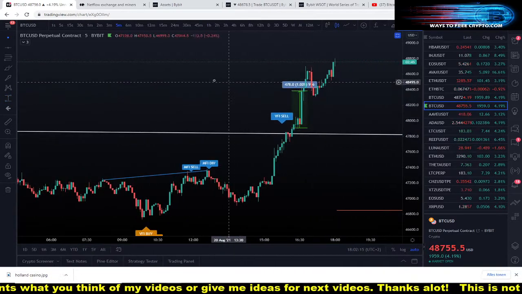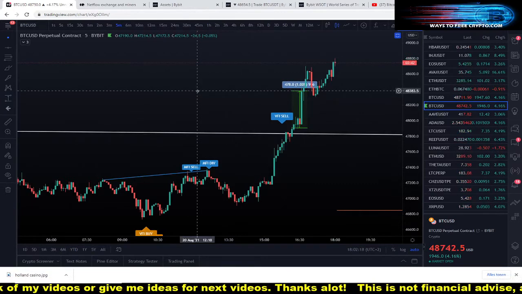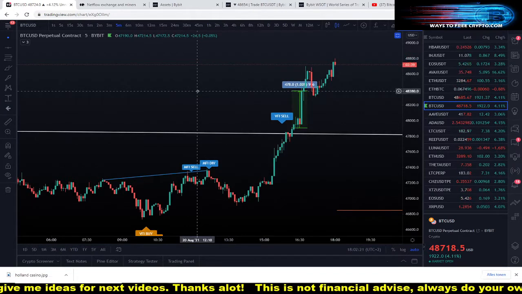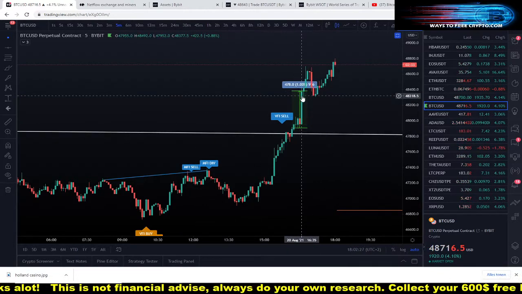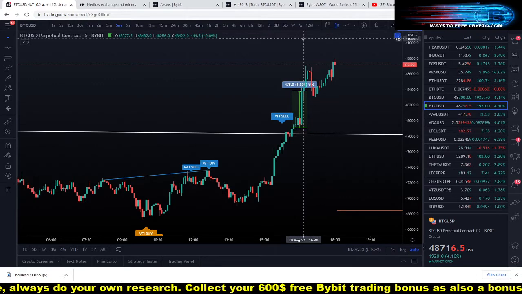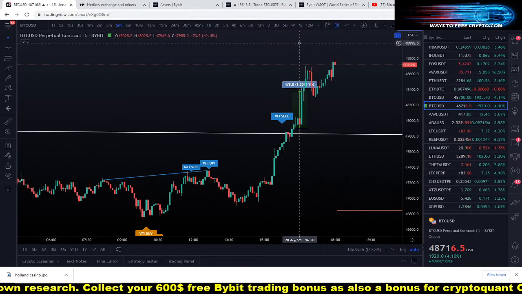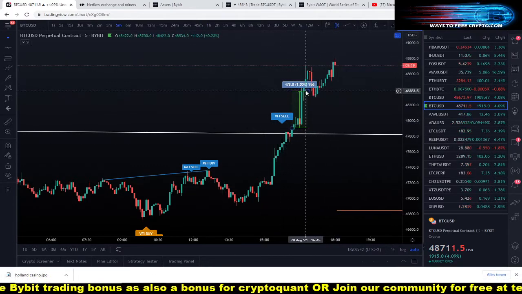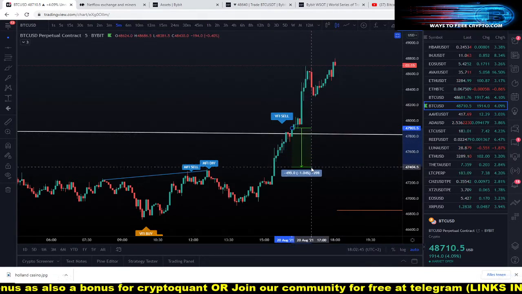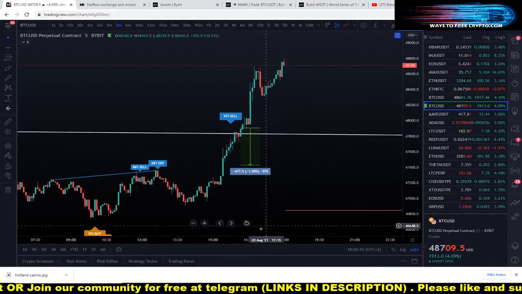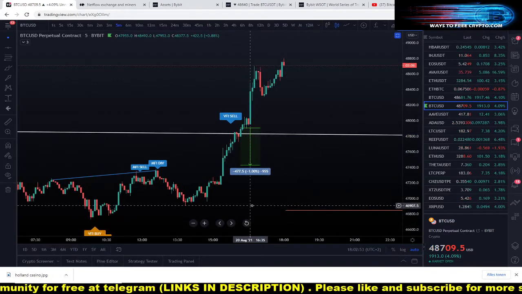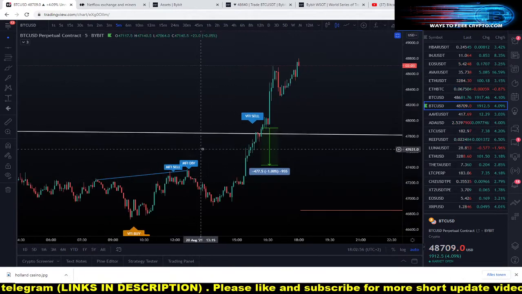Then that means if I take 10x leverage, that I have made 10%. If I play for $100 and the price moves up 1%, I will gain $10. If the price moves up 10%, I will gain 100%, so I will make $100. But that also means that if the price is going down 1%, I will lose $10. If the price drops 10%, I will lose my entire $100. I hope that this makes sense.